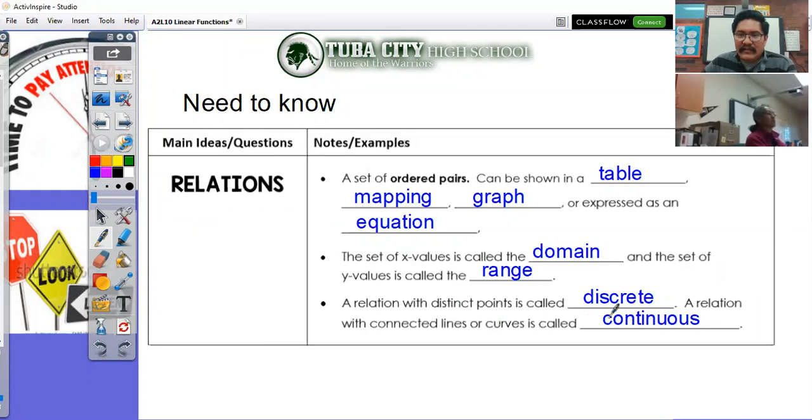So it's usually a line or a curve. And continuous means all numbers in between. So you could pick something like 3.2 or 4.5, and you have pretty much all the values available. So I'll talk some more about these when we see some examples. But these are, again, the basic types of relations in functions.